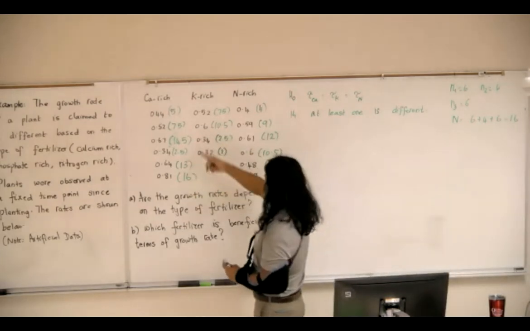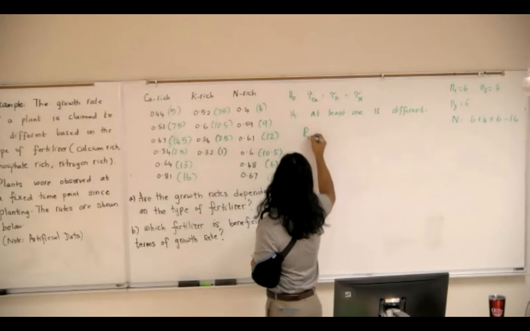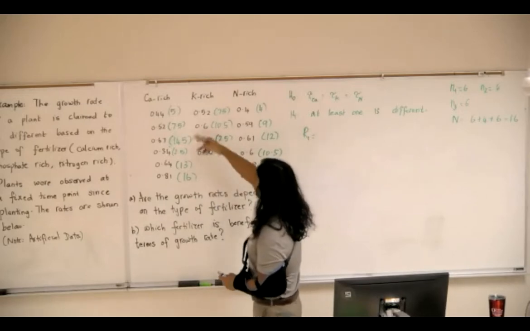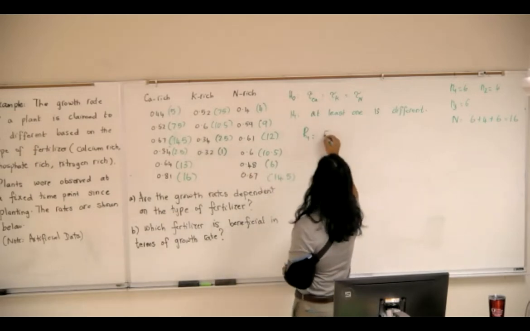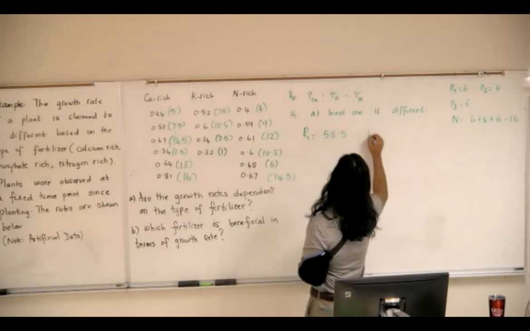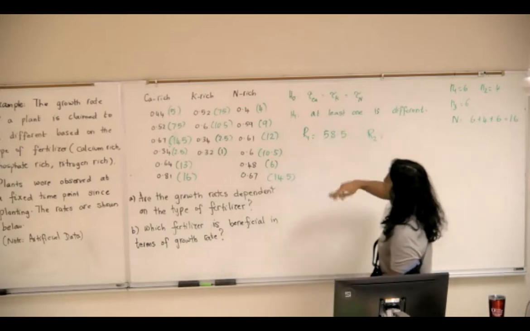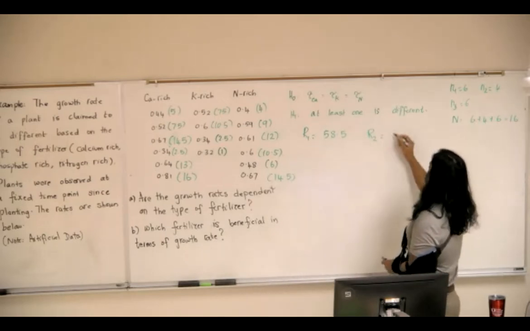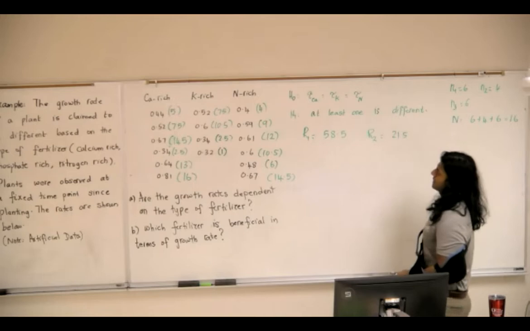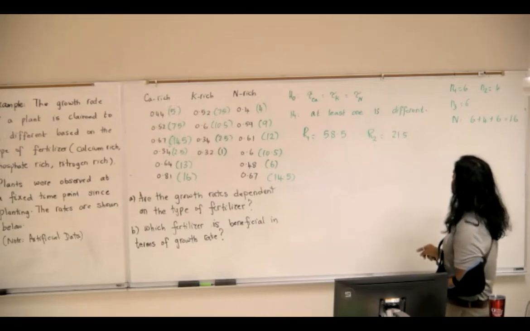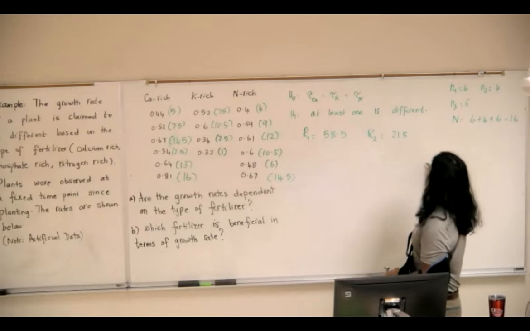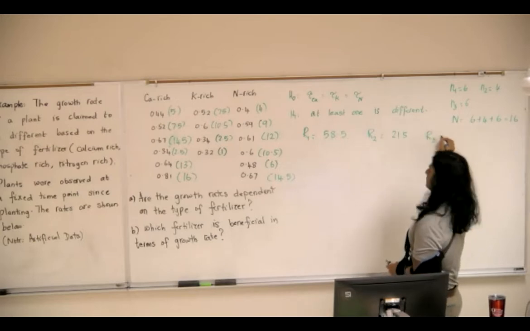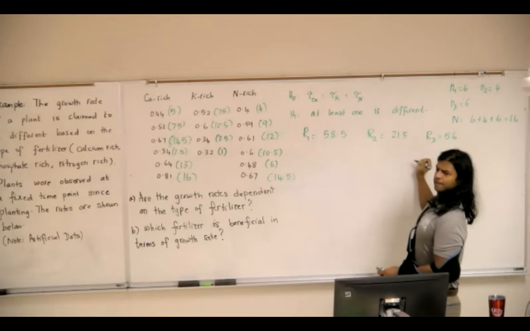We know how to find the sum. So the sum of all the ranks, the first one is 27, 42.5, 58.5. Sum of all the ranks, second case 21.5, third one 56. Yes.